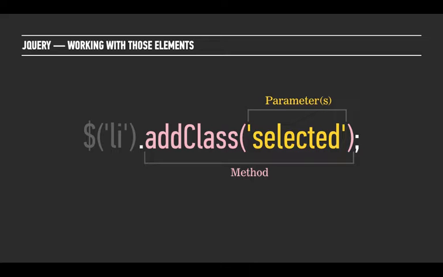Does it matter if you use quotation marks or the apostrophe? I've noticed that sometimes on W3Schools, they have it, do you see how you're using the apostrophe in selected? But then on W3Schools, they're using quotation marks. So it doesn't matter. But what does matter is, first of all, you have to be consistent.